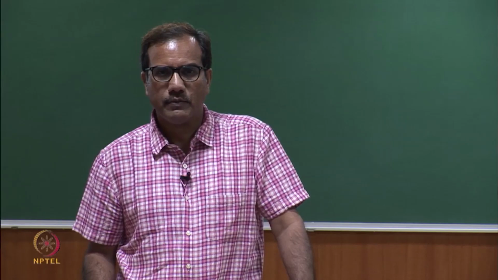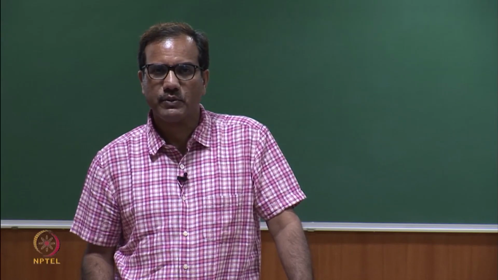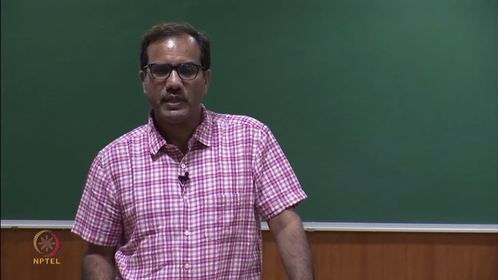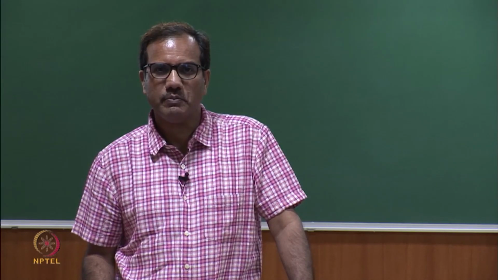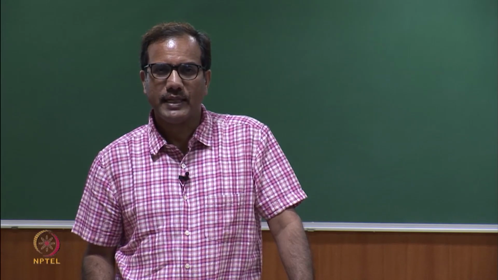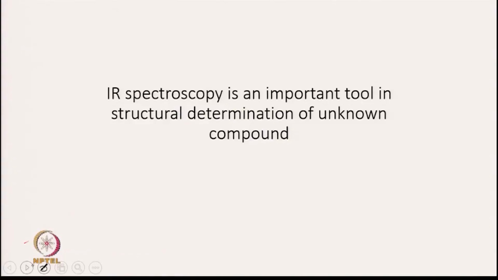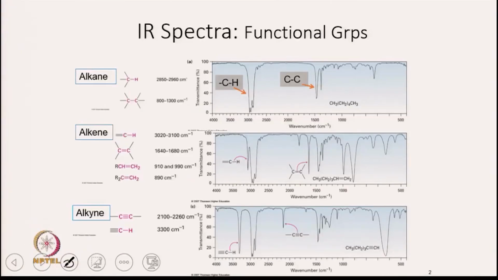Since frequency in IR spectroscopy is dependent on K and mu, this can be utilized to know the functional group of a given compound, and that can help you in the structural determination of an unknown compound. We will see some examples.